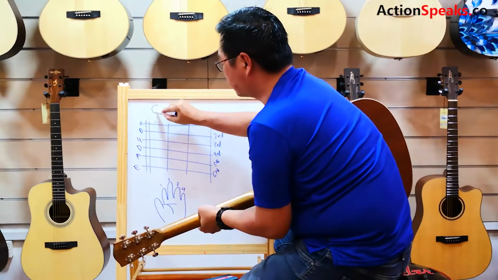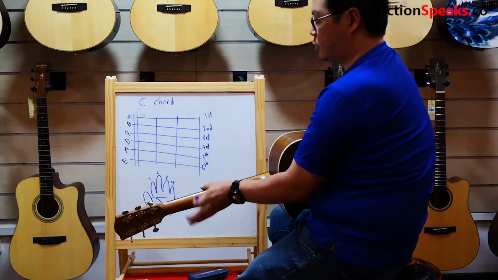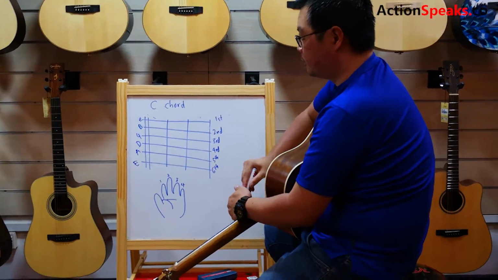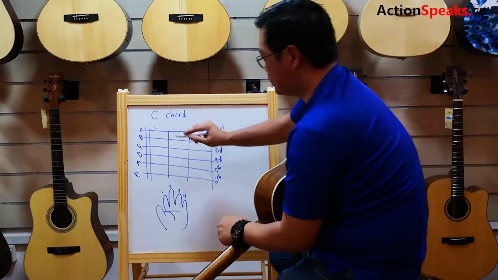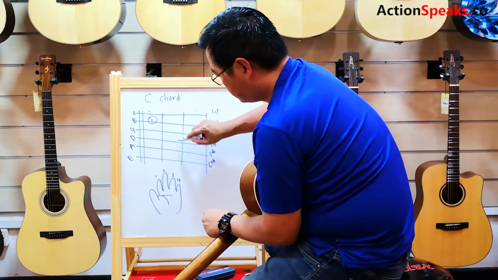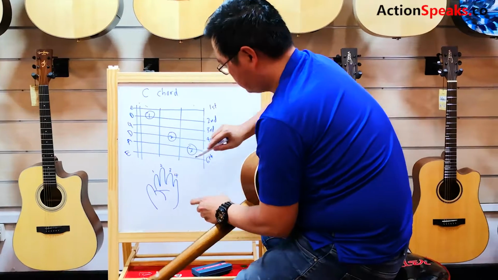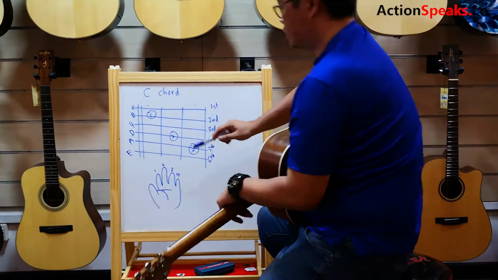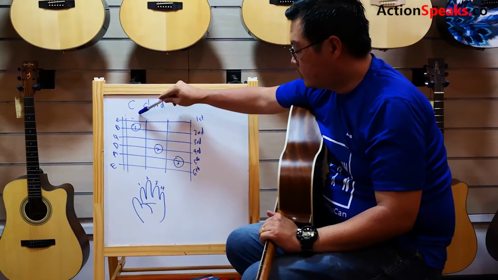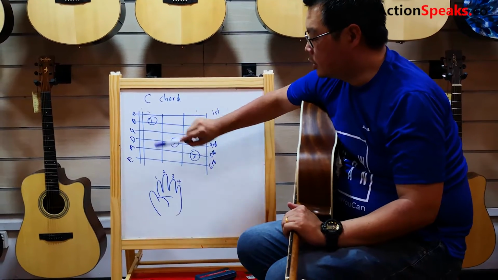let's try the C chord. In the guitar world, the C chord is quite a common chord to be used. Now, how to read the C chord? You can see here on the first fret, second string, your first finger goes here.